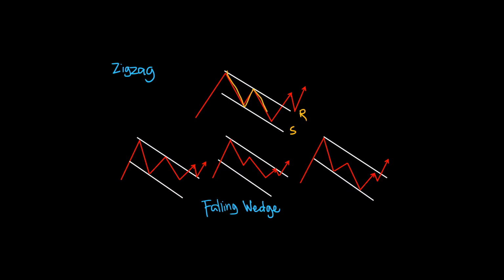When you have a more than usual aggressive buyer, your DCS simply turns into a pattern that classical technicians call a falling wedge.